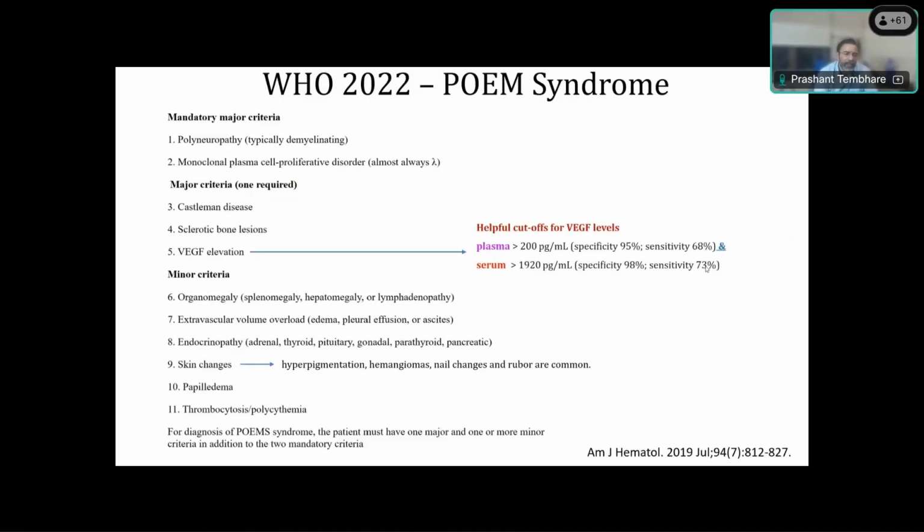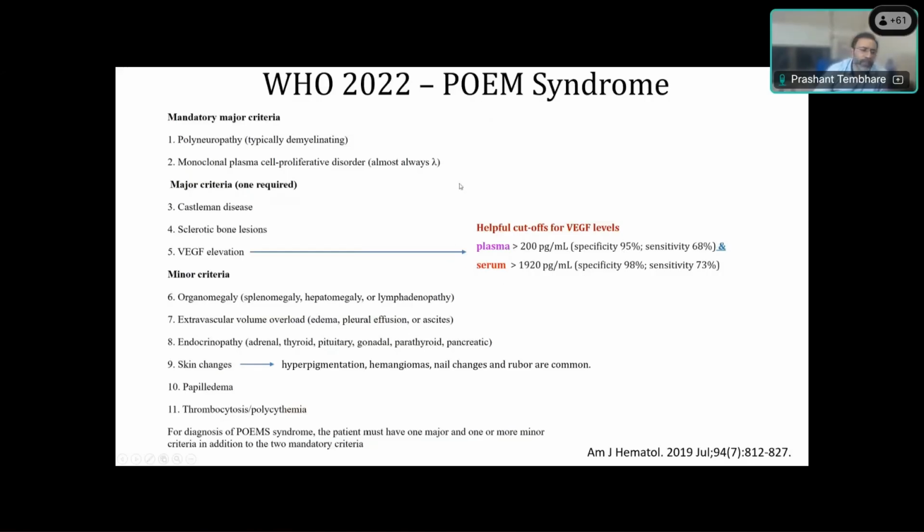Then there are other major criteria, which include Castleman disease, sclerotic bone lesions, or increased VEGF level. Normal levels are about 100, but an increase to more than 200 indicates higher levels and has very high sensitivity and specificity. And if you are using serum, the level is even higher.